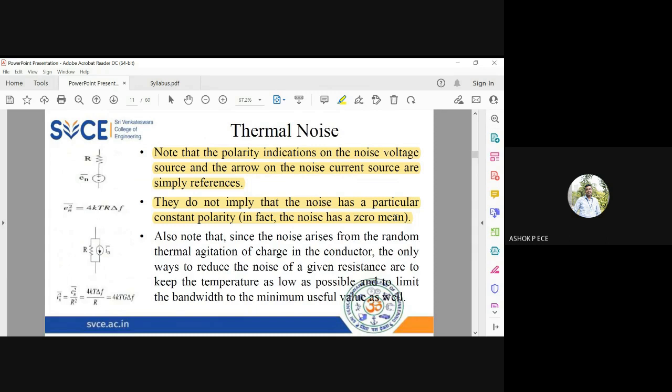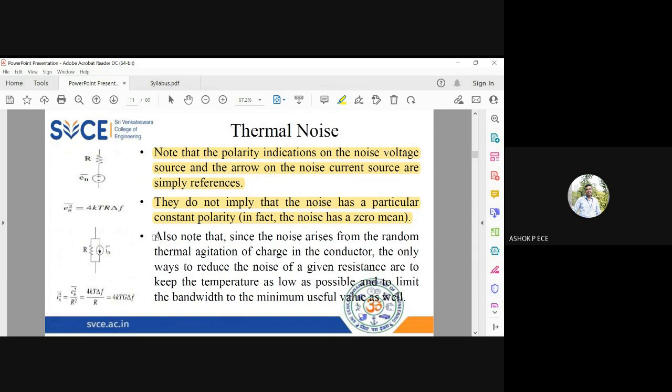In that way, the positives and negatives will get cancelled and you will get a zero mean. But if you are finding RMS, you are squaring the signal, so even negative will become positive. So RMS will never be zero. The root mean square value will never be zero, but the mean value of noise is always zero.